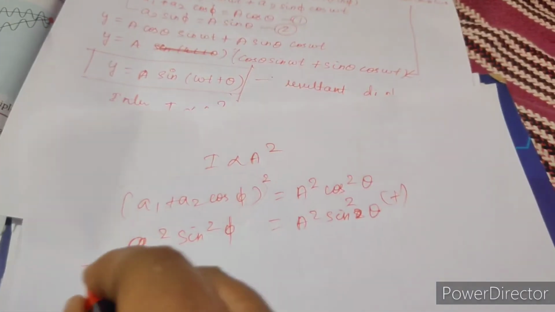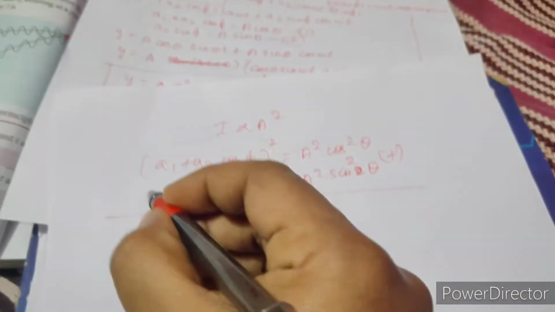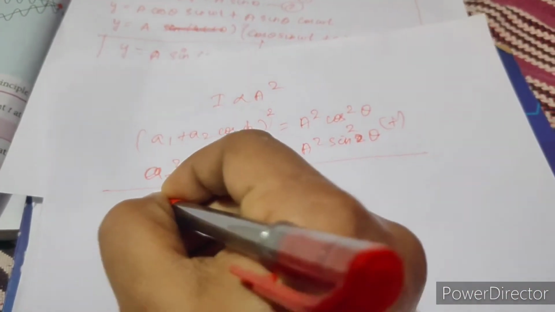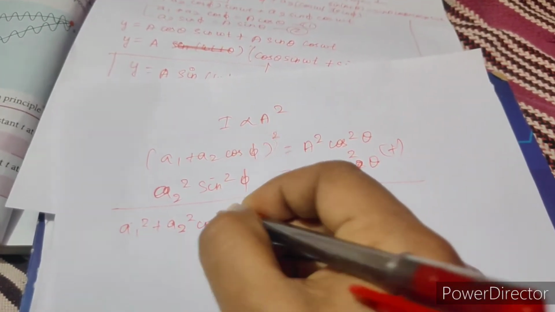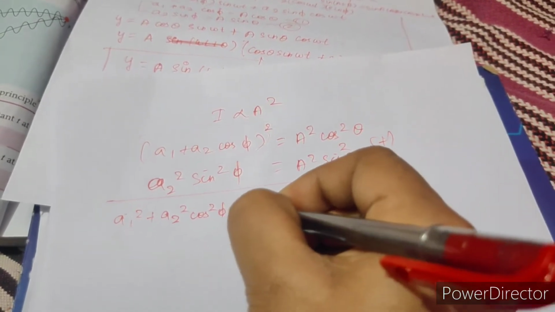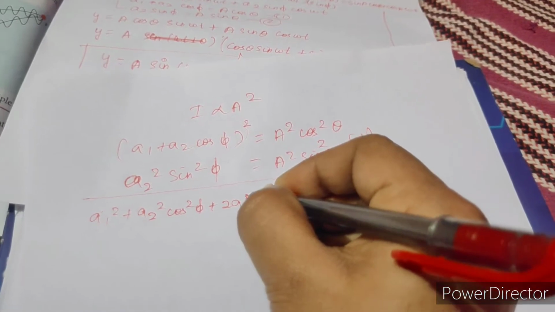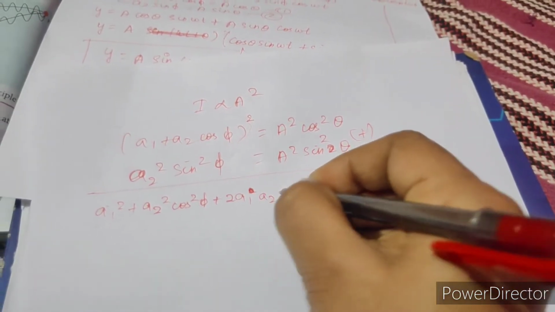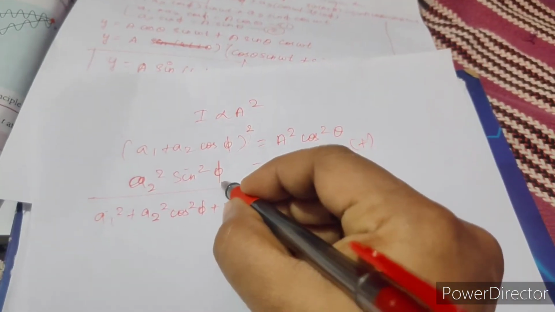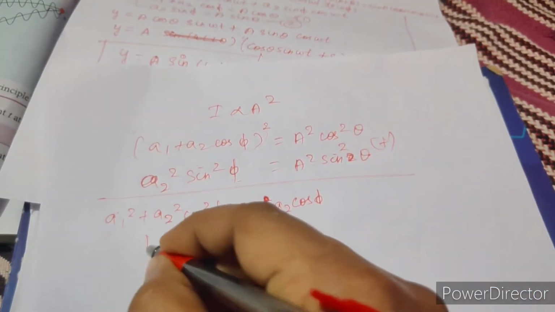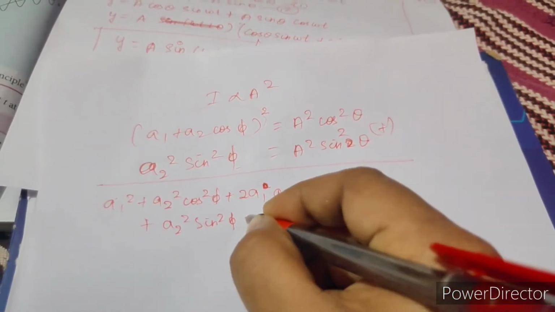So I can write A1 squared plus A2 squared cos squared phi plus 2 A1 A2 cos phi, and the remaining term plus A2 squared sin squared phi, that's all.